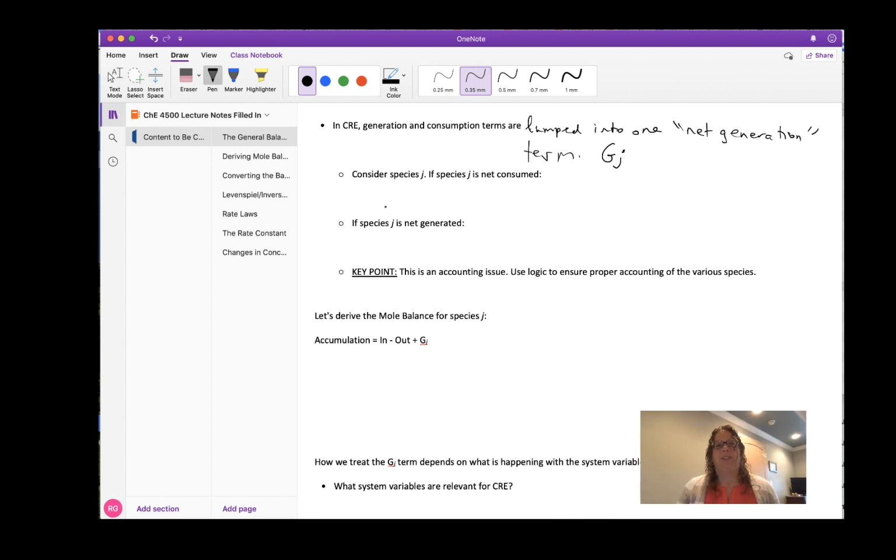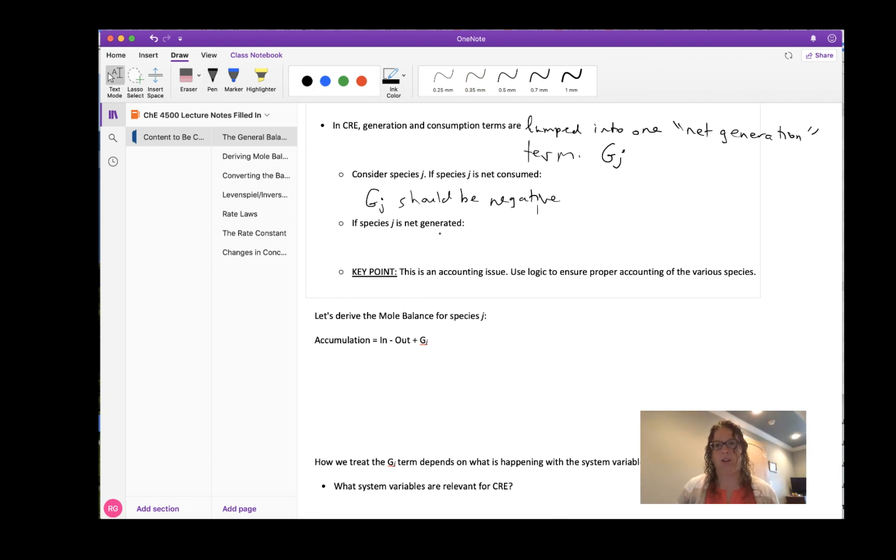So thinking about species J, if I have multiple reactions going on, and if I take all those reactions and add them all up, I find that species J is being net consumed. In that case, then G_J should be what? G_J should be negative. The reason for this is proper accounting.